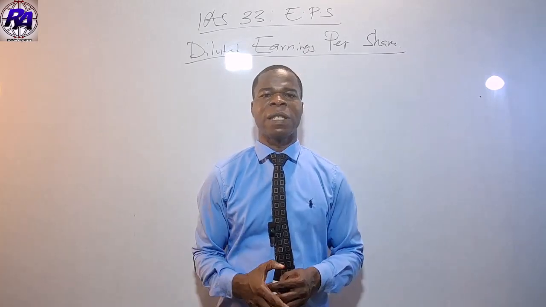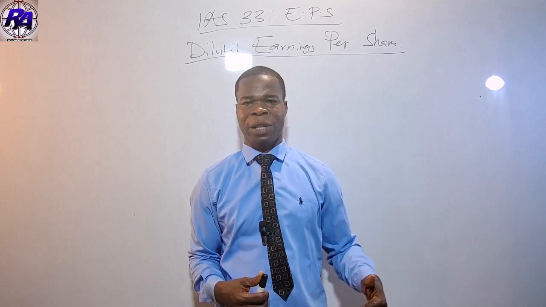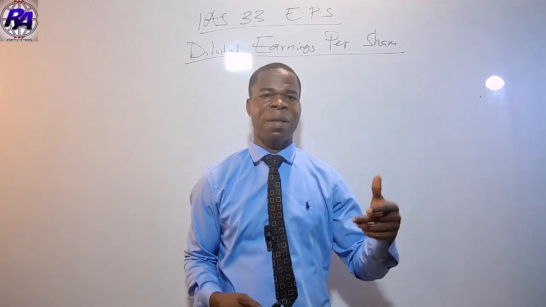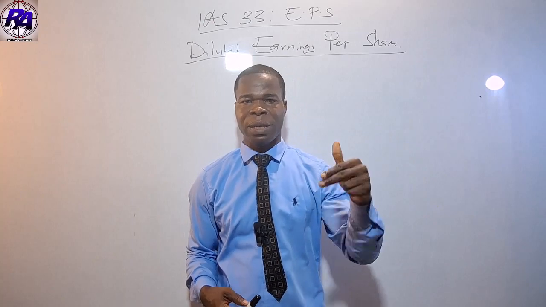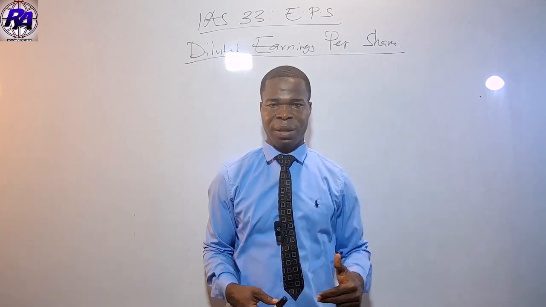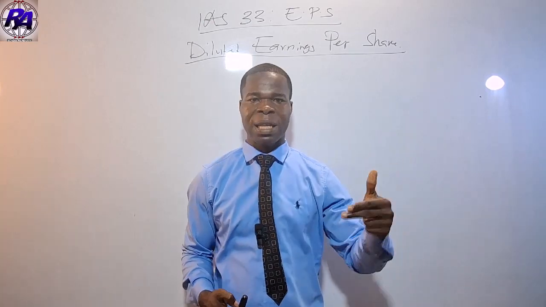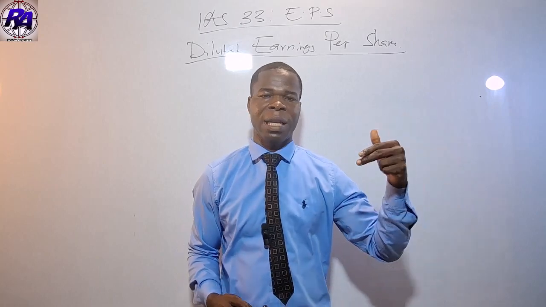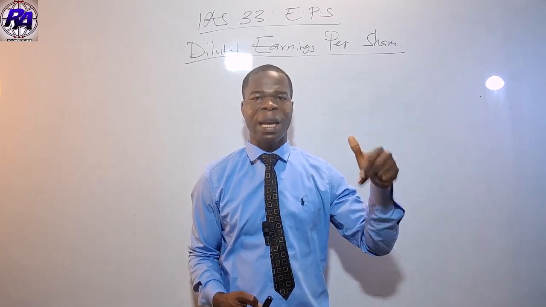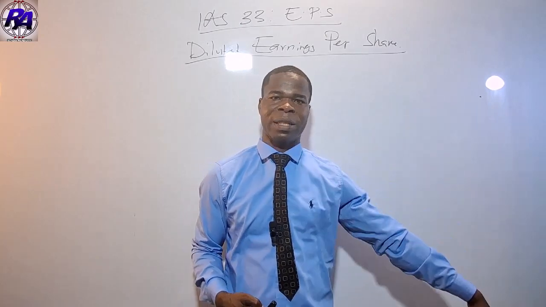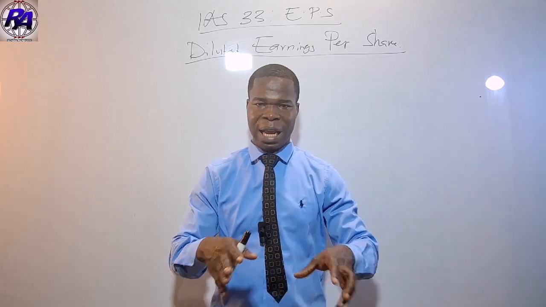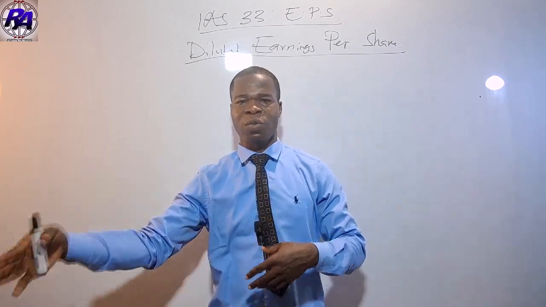When you come to accounting, when we talk about diluted earnings per share, there are times that certain circumstances occur in the business that cause the earnings per share to be diluted, to be lighter than what it was before.